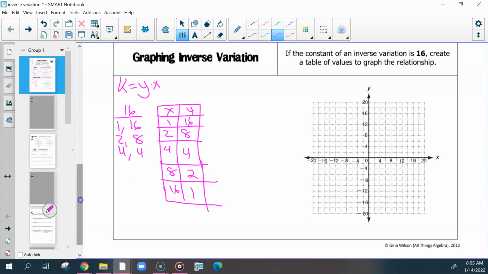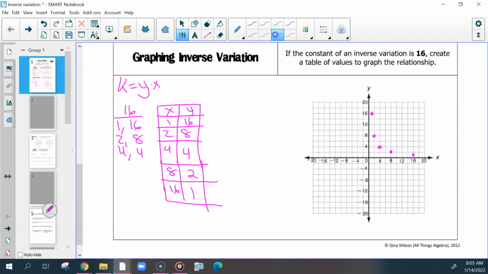So 1, 16, and these are counting by 2s, so there are 2s in between them. So 1, 16 will be somewhere here. 2, 8, 4, 4, 8, 2, and 16, 1.